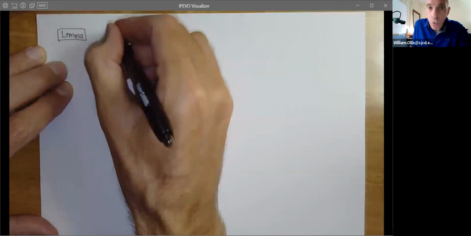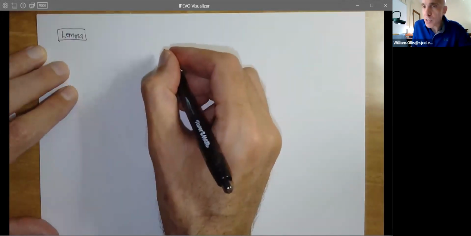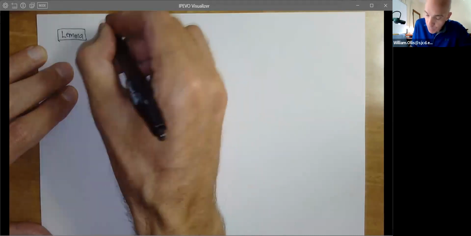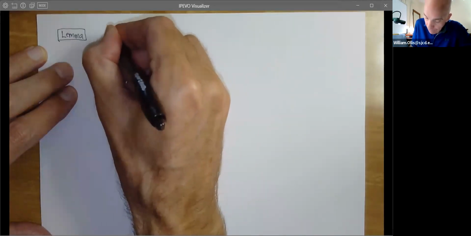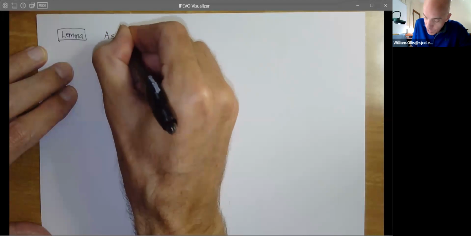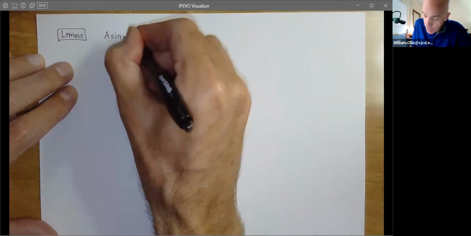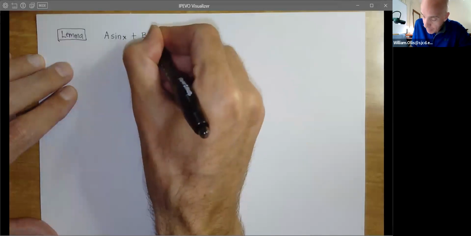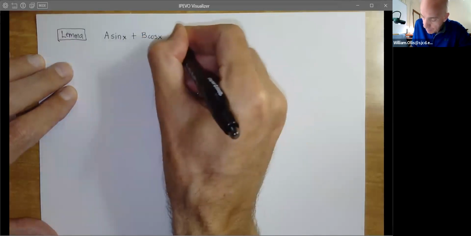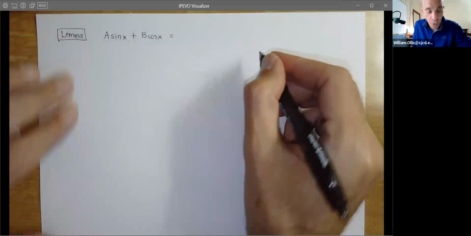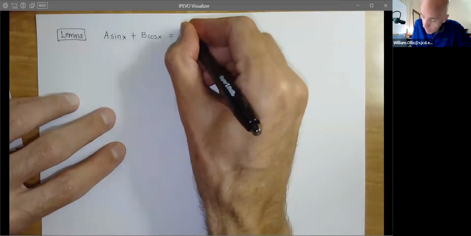That is, we have a way of writing the sum of a sine and cosine with particular coefficients. So a sine x, where a is a real number, plus b cosine x. You can look at this with a right triangle, but it has a formula.